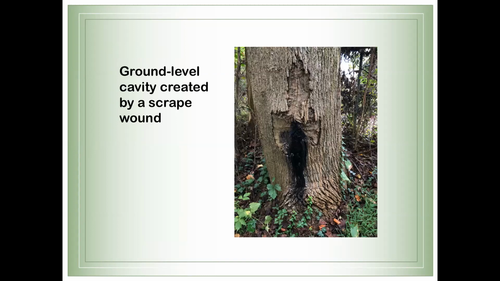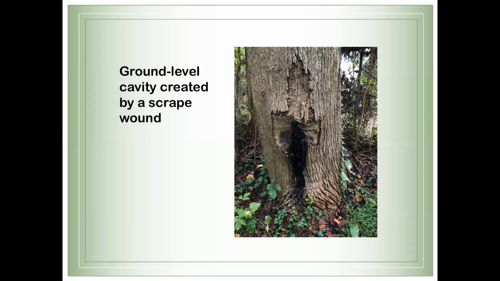Okay, now at ground level, we're still on zone 2, and we've looked at some of the mushrooms at the bottom, on the root flare, and now we're going to go up 3 feet up the trunk. So this is a cavity on the trunk, and I'll pull out my magnifying glass, and I'm trying to figure out what caused this wound.